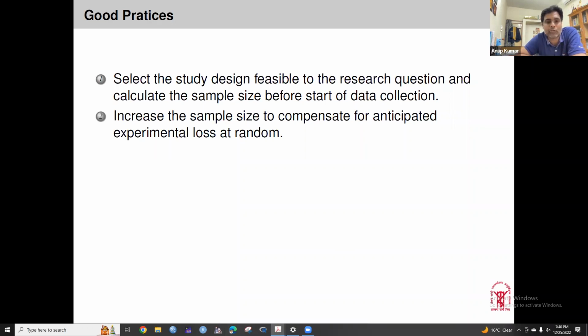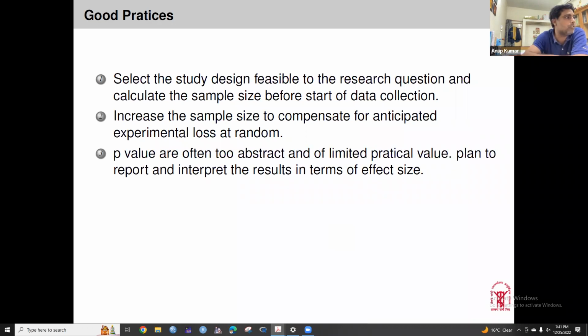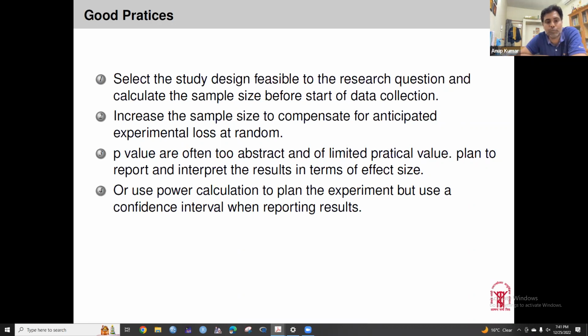Increase the sample size to compensate for the anticipated experimental loss at random. P-values are often too abstract and of limited practical value. Plan to report your result in terms of effect size and confidence intervals. Or use power calculation to plan the experiment, but use a confidence interval when reporting the result.